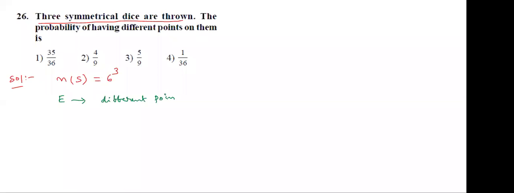That means this is first die, this is second die, uppermost value I am drawing. Suppose you got 1 point, next die 2 points, next die 4 points. Like this, different points.